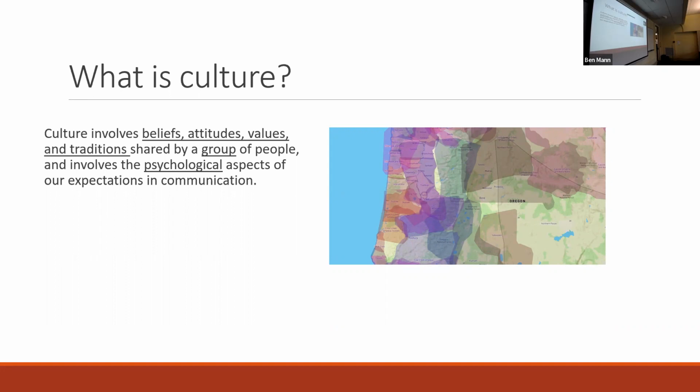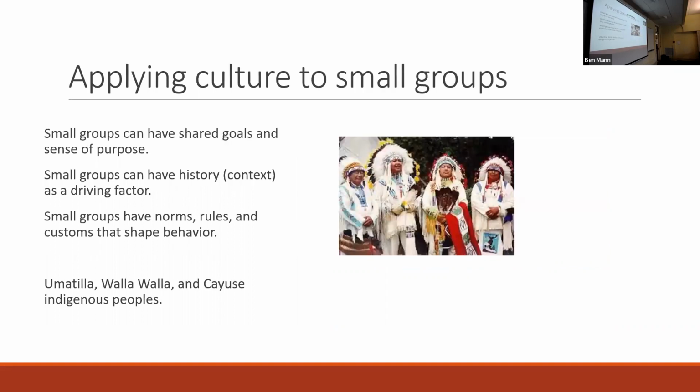We talked about the idea that beliefs, attitudes, values, and traditions are shared in a cultural setting, and the psychological element, the way that we think about and understand how issues play out, is a factor that's influenced by culture, right? You might think, for instance, about how a variety of indigenous populations use narratives and storytelling, including stories about the creation of the world and individuals on it, that help to shape an understanding of experience.